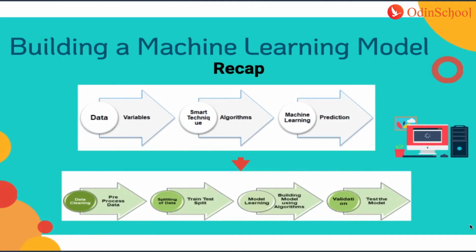As we have learned earlier in our previous session, when we think of building our data model, we need to have some data in place. With that data, we apply some smart techniques using these algorithms, and based on these algorithms, we get a prediction.